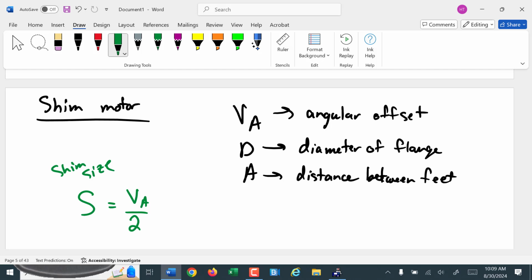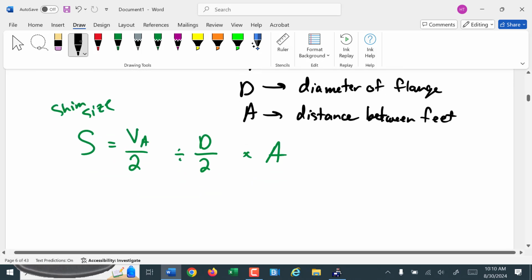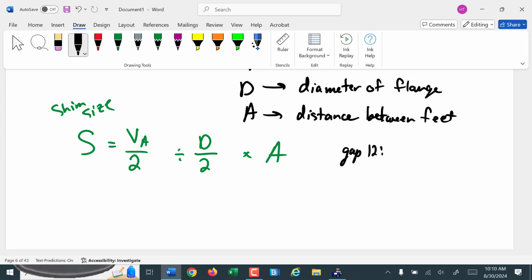The shim size, S, is going to equal the vertical angular offset over 2. The reason is we're only dealing with the radius rather than the diameters when we're dealing with this. Divided by the actual diameter over 2. Now, if you're good with your math, you might realize that the 2's are going to divide out. You could actually just do the VA divided by D, and it would work out exactly the same. Times A, which is your distance between your feet.